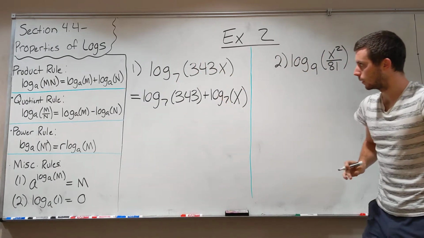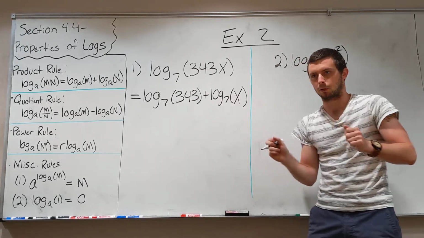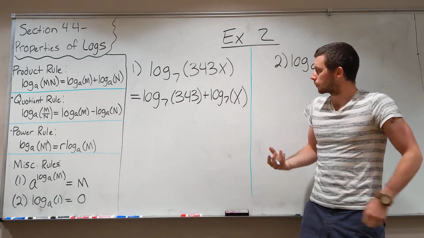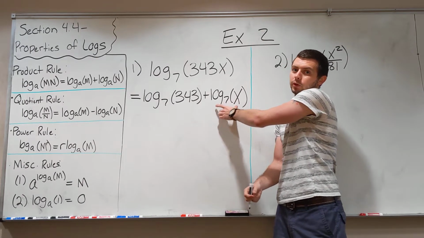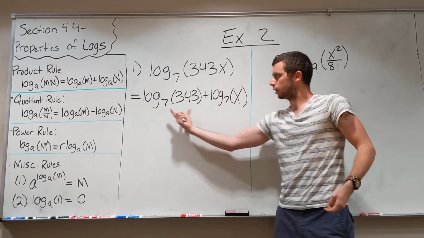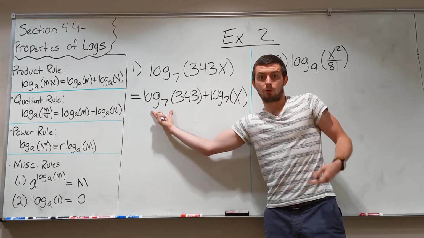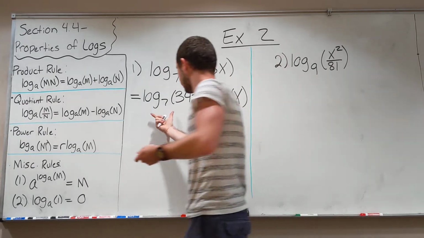So just like that. And notice it's the same base, it's just we're splitting up the logarithm. And now notice, for this term here, we cannot simplify that anymore. There's no exponent, there's no product, there's no quotient. This one's done. However, over here, we have all numbers, which means we can actually try and simplify this.